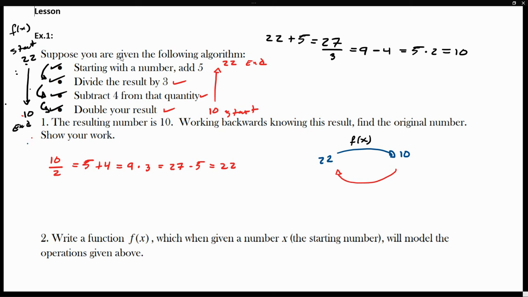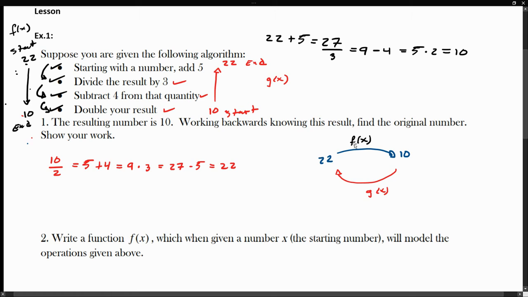Let's call this function g of x. What this function did was plug in 10 and give you 22 back. So notice that it completes a full circle. You start by defining a function. The domain gives you a range. The inverse gets the range and gives you the original domain. That's exactly what an inverse function does.